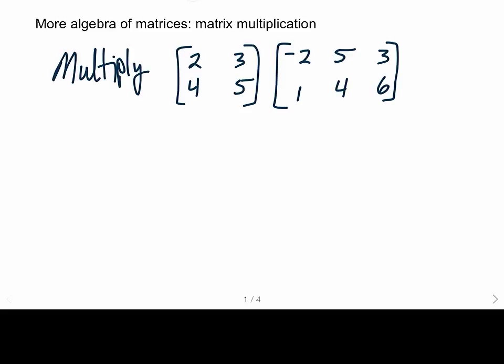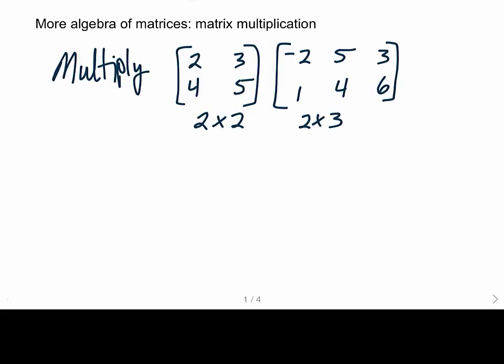Here's the deal. Matrices have dimensions. The matrix [2, 3; 4, 5], having 2 rows and 2 columns, is a 2 by 2 matrix. The matrix [-2, 5, 3; 1, 4, 6], having 2 rows and 3 columns, is a 2 by 3 matrix.